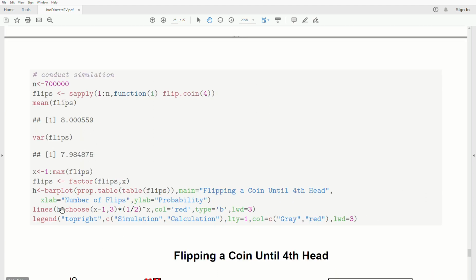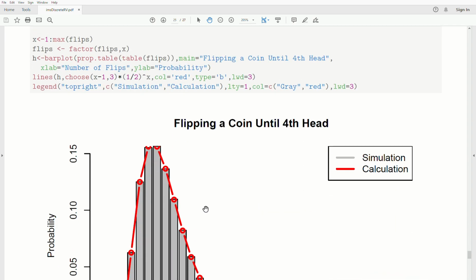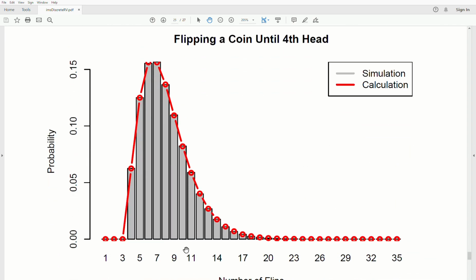So let's create a bar plot with the flips. And that's what this is. The gray bars are the probabilities in our simulation. So these are the simulated probabilities of it taking 7 flips to observe 4 heads.